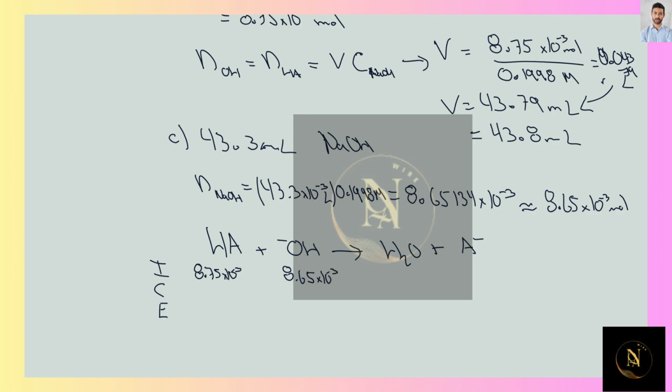The amount of change is given by the limiting reagent, which is the OH minus. This results in, at equilibrium, 1 times 10 to the minus 4 of HA, something close to 0 of OH minus, and 8.65 times 10 to the minus 3 of A minus.